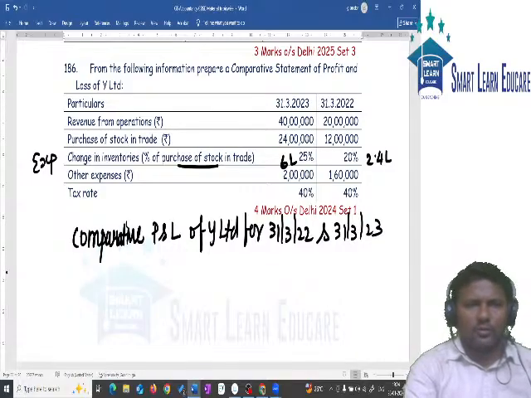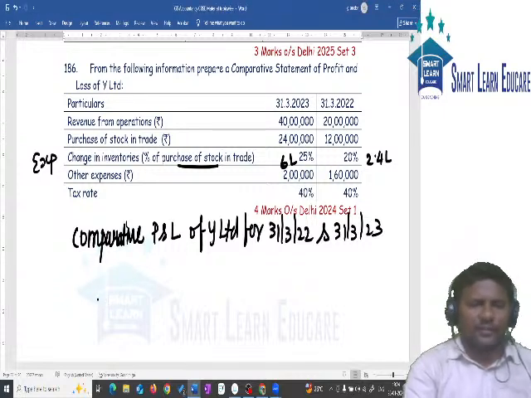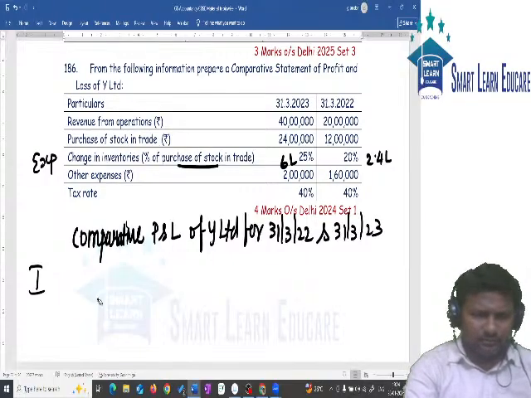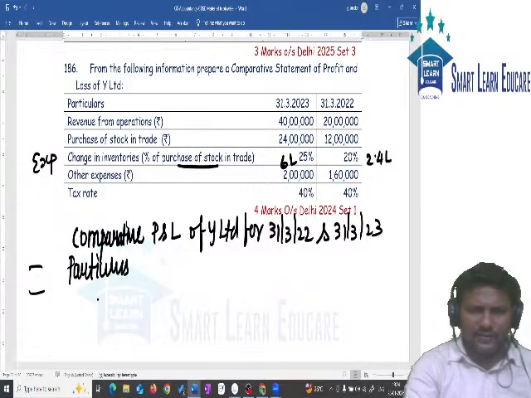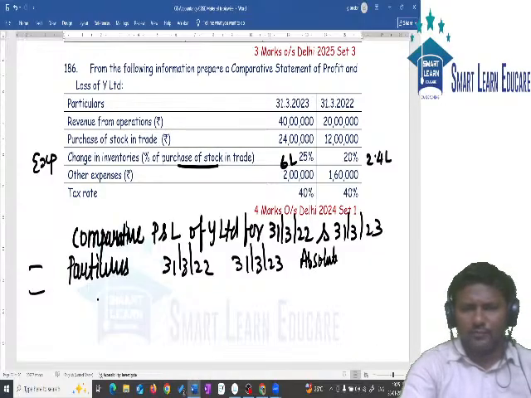Comparative P&L information is given. First, particulars. Then 31st March 22, then 31st March 23, then absolute change, then what is the percentage of change?